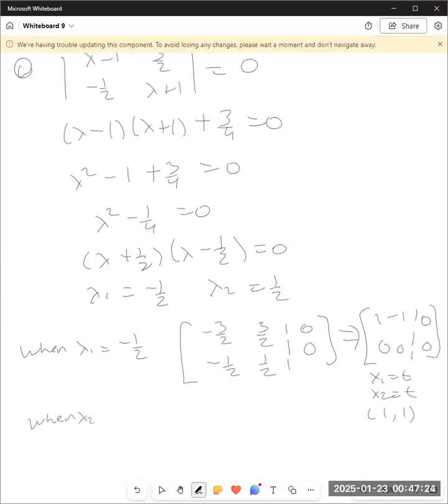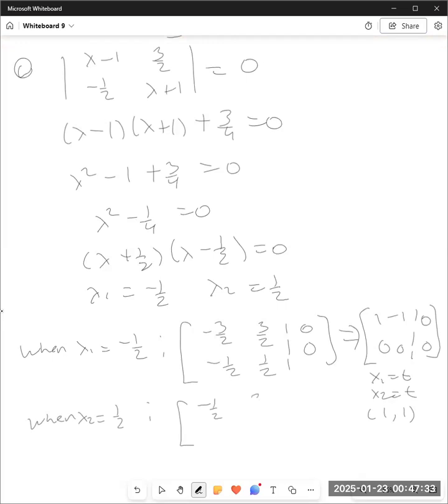When lambda 2 equals positive 1/2, we have negative 1/2, 3/2, negative 1/2, 3/2, 0, 0.